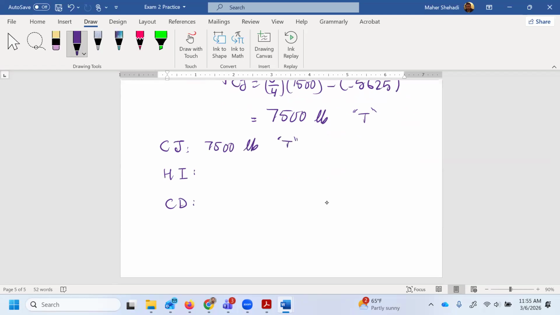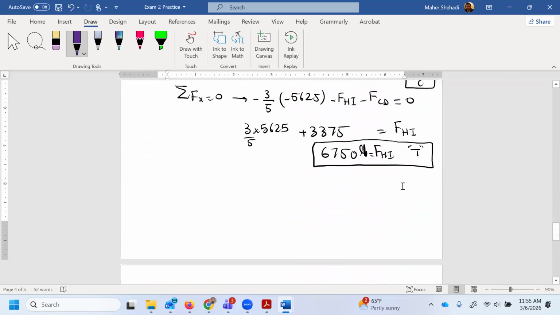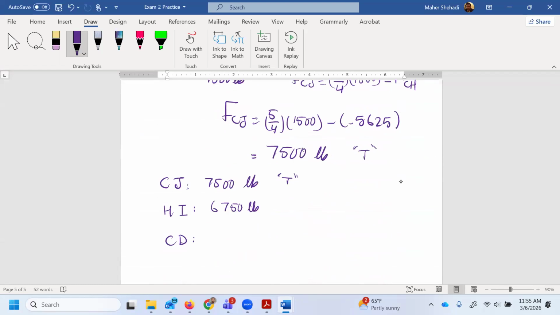HI was 6,750 pounds. That's HI. Also, it's under tension. And the last one was CD, which we found the first, 3375 pounds, and it's under compression.